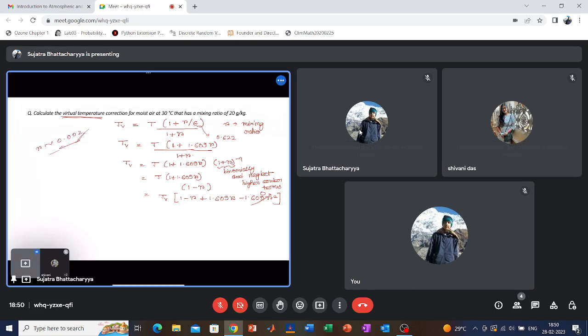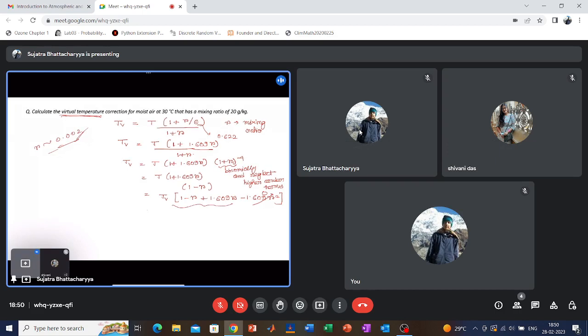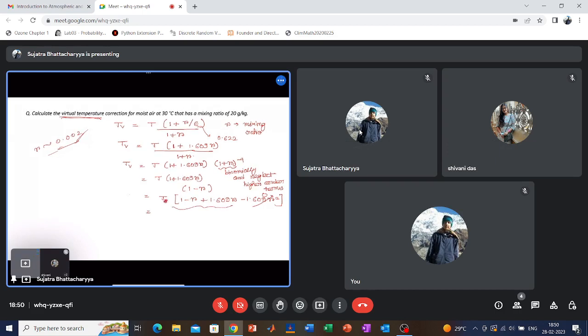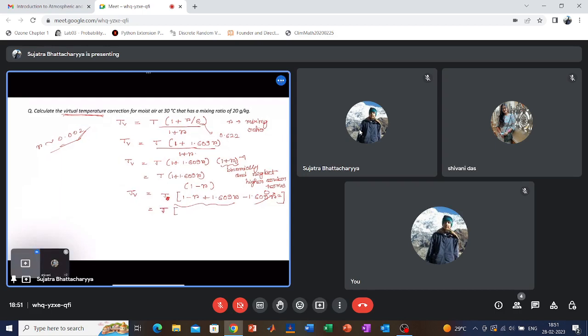Only up to this term we will take. Sorry, this is T, this is TV. The original temperature is T, the dry air temperature is T, so it will be 1 plus nearly 0.61 R. Therefore, we can calculate virtual temperature using this.